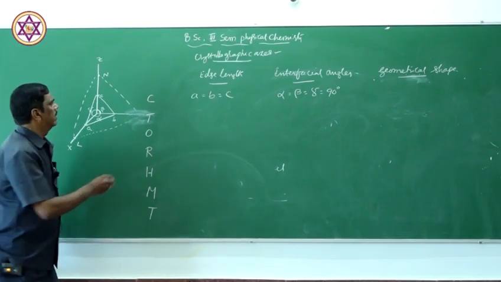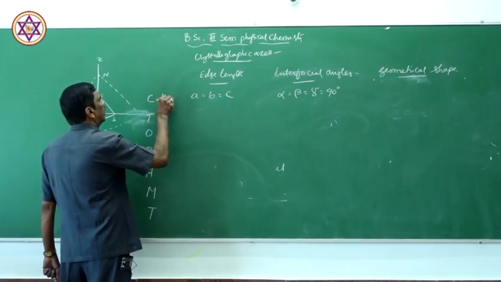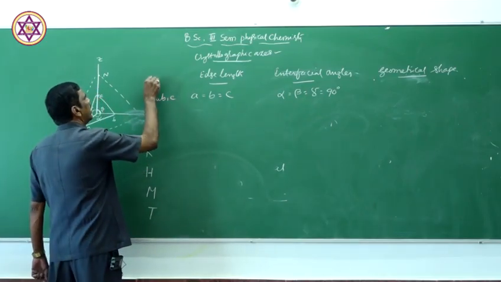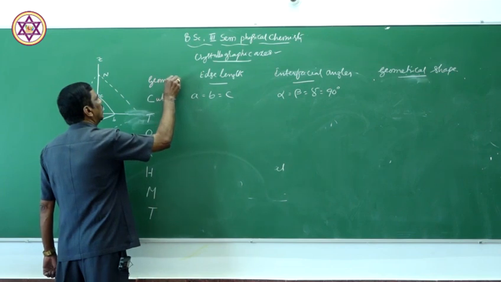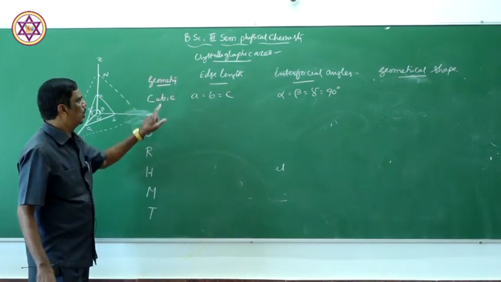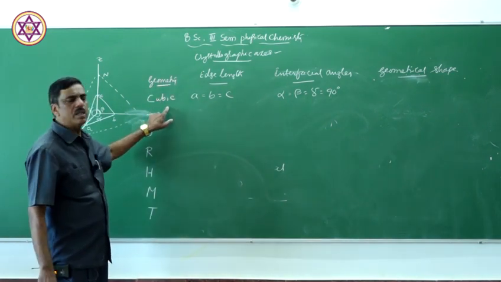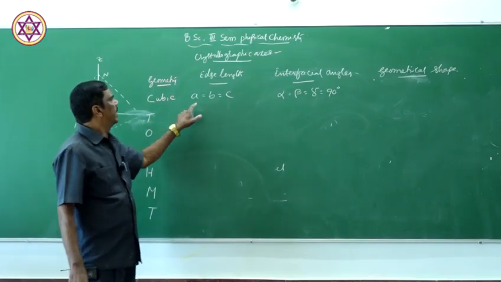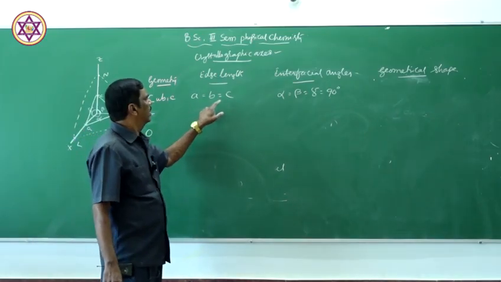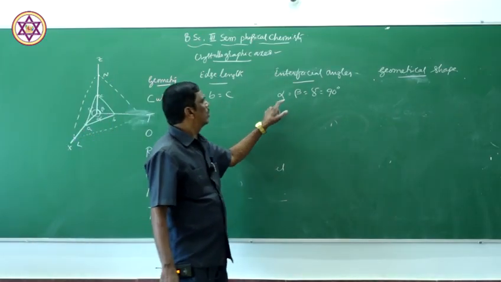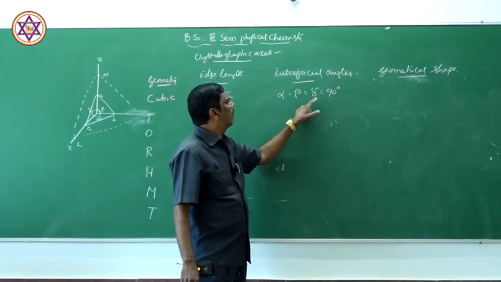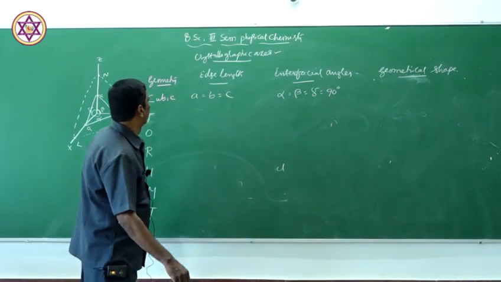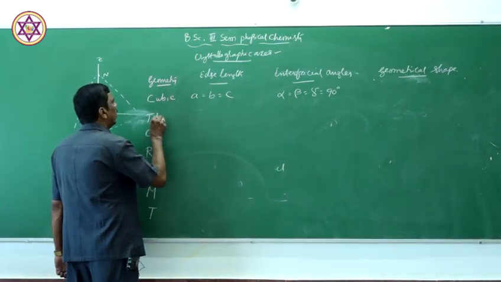Here C is cubic. In this cubic geometrical shape, edge length A is equal to B is equal to C and alpha is equal to beta is equal to gamma is equal to 90 degrees. Similarly, this is tetragonal.